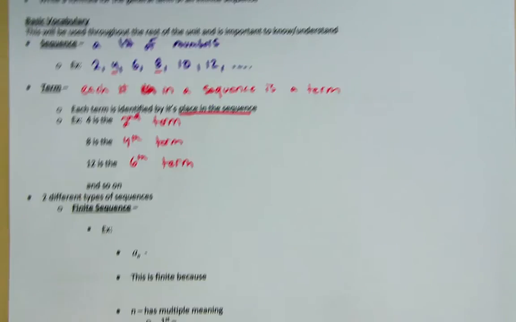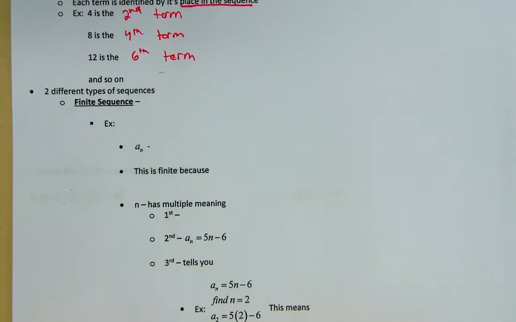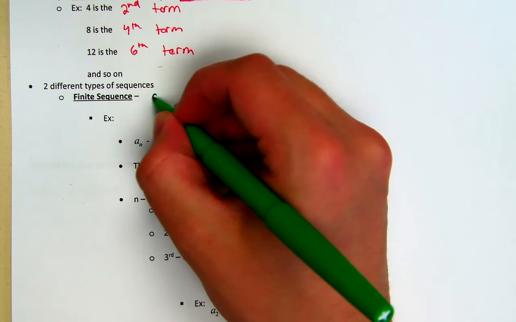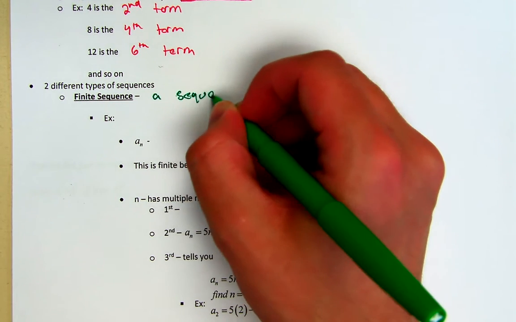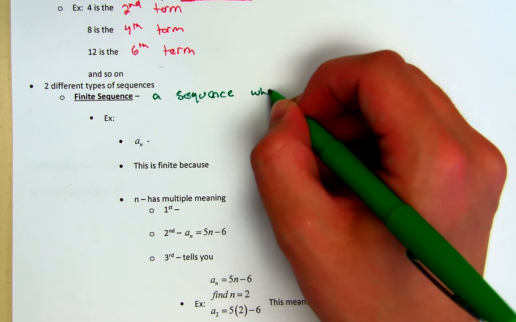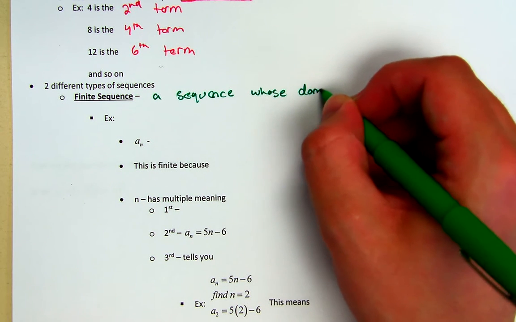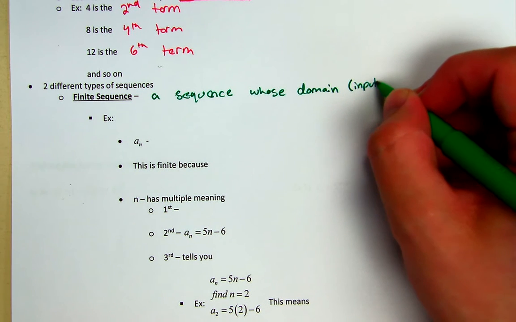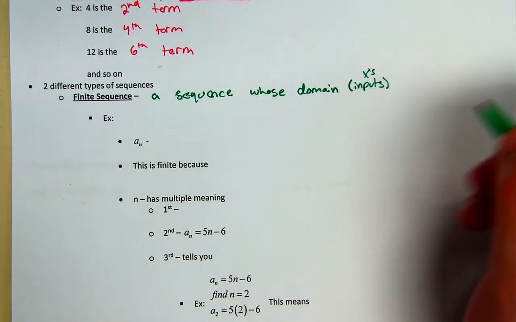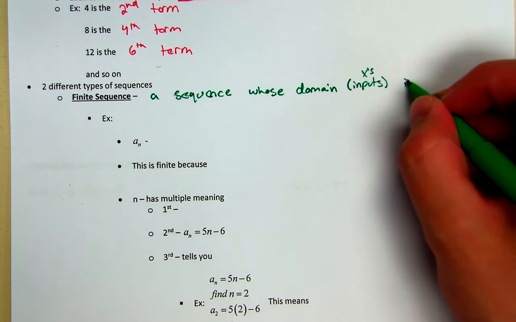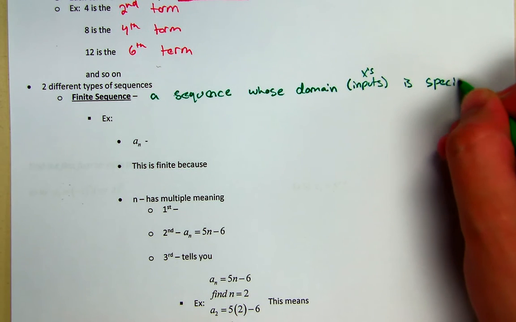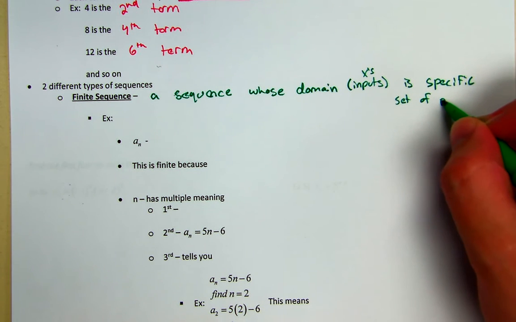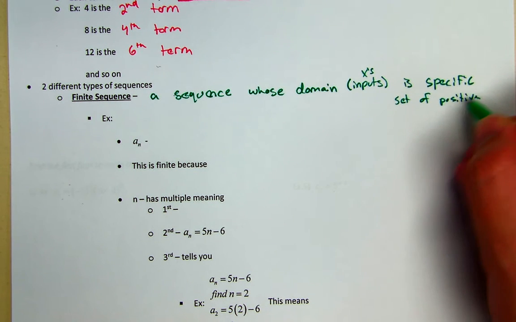There are two types of sequences we're going to focus on here. We're going to talk about finite sequences, so a sequence whose domain, which is the inputs, or x's usually, is a specific set of positive integers.